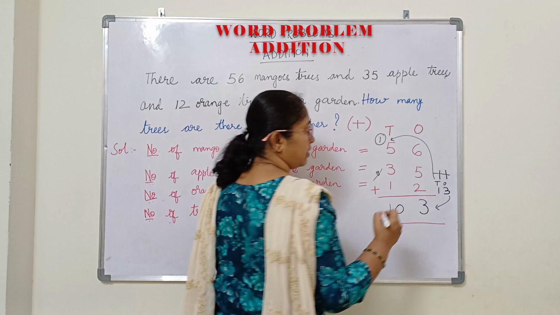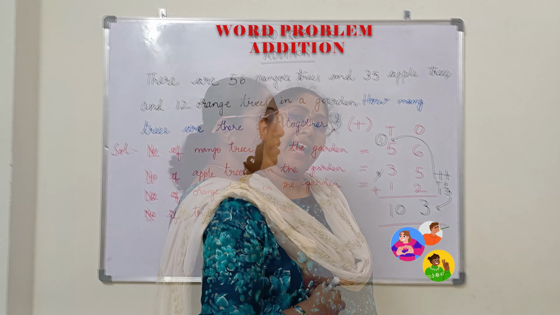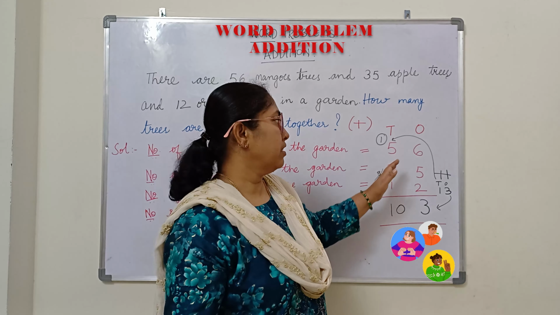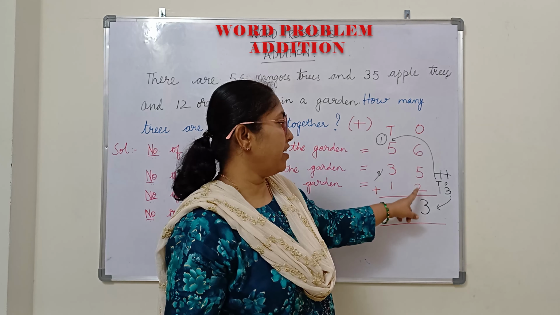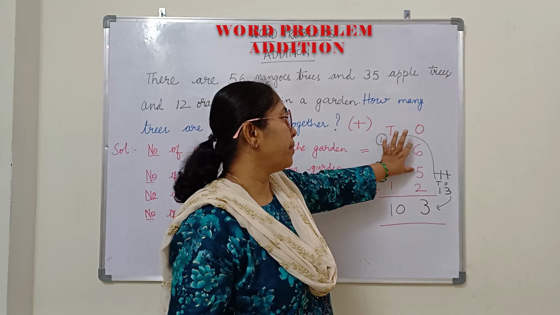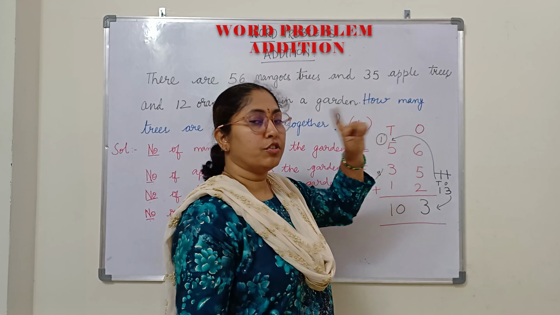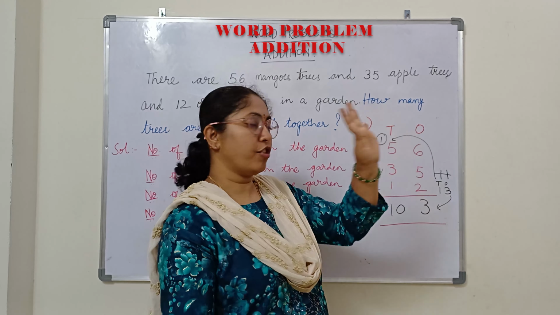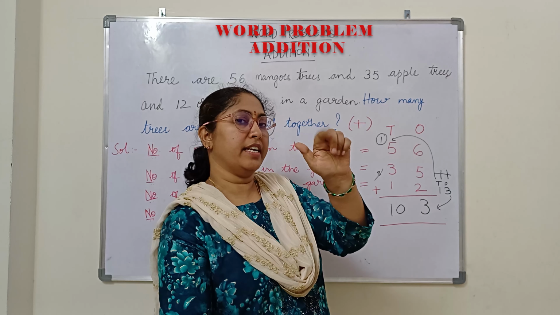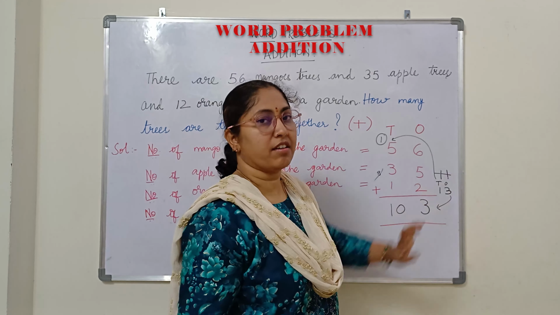After 9, what do you get here? 10. Clear, children? I'll explain this once again. We have 3 rows in the ones column: 6, 5 and 2. First two numbers we'll take 6 and 5. Big number in your mind, small number on your fingers. So 6 in your mind, 5 on your fingers, count after 6: 7, 8, 9, 10, 11. I have written 11 here.